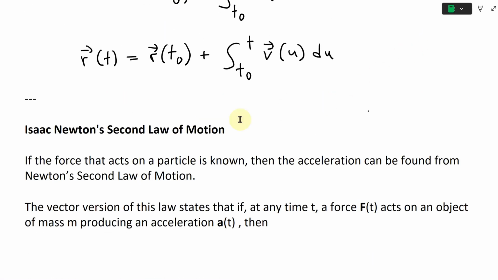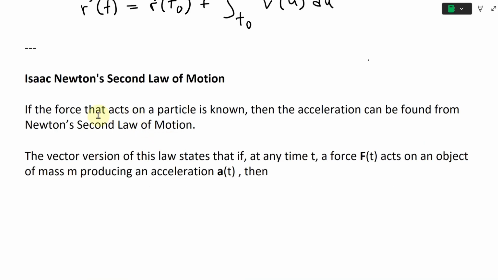Alright, now let's cover Isaac Newton's second law of motion. If the force that acts on a particle is known, then the acceleration can be found from Newton's second law of motion.